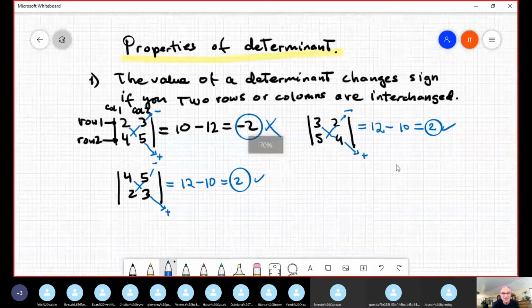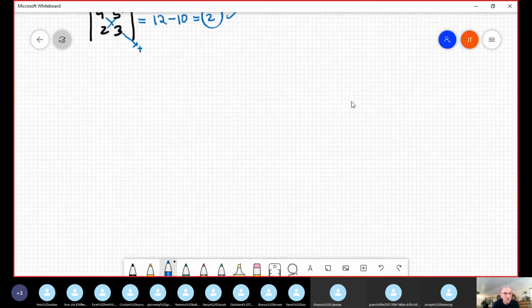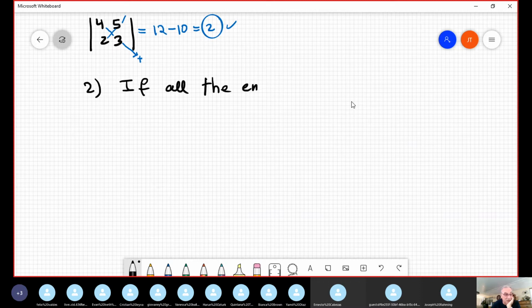Property number 2 is easy to understand. Property number 2, look, is if all the entries, which is synonymous, guys, to the element inside, the number. In the book, they use the word entry.